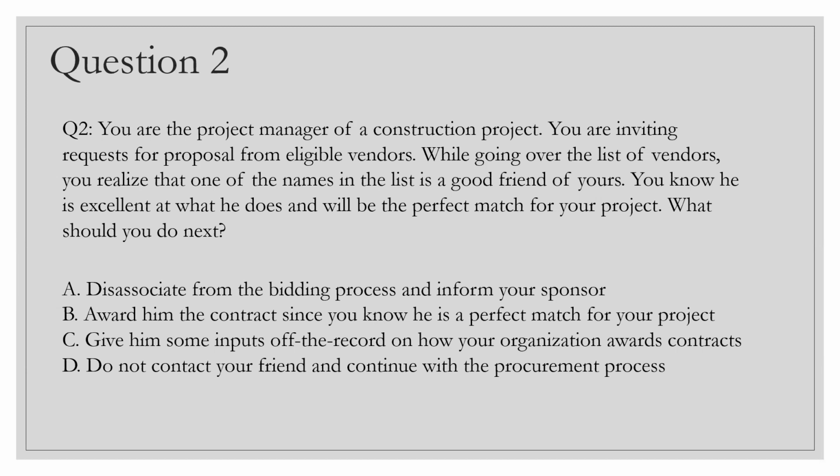You have to be super careful when you are dealing with a known friend in a dollar value matter. So the first option is to disassociate from the bidding process and inform your sponsor. Second is to award him the contract since you know he's a perfect match for your project. Definitely, this is not the right answer, right? So strike it off. C is to give him some inputs off the record on how your organization awards contracts.